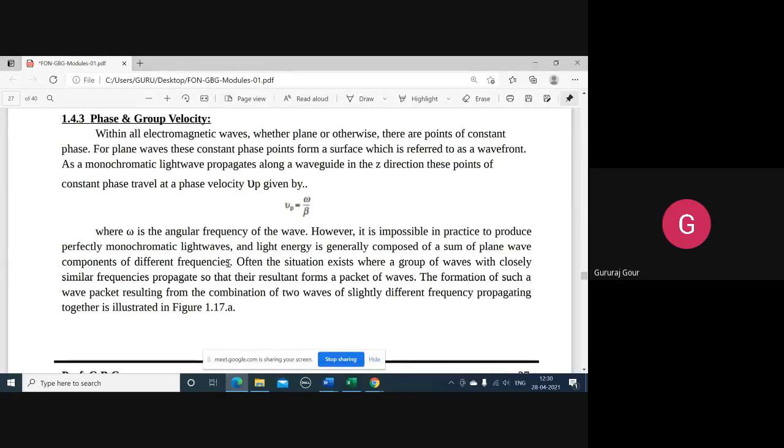Okay. So normally this situation will come across, where a group of waves with closely similar frequencies propagate, so that the resultant forms a packet of waves.